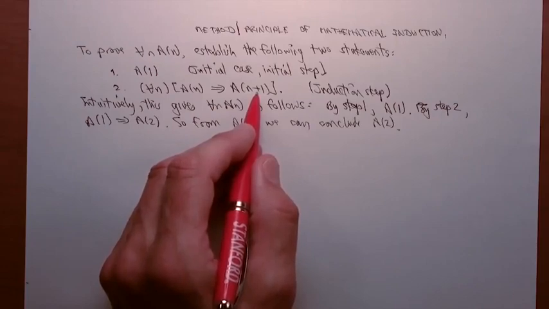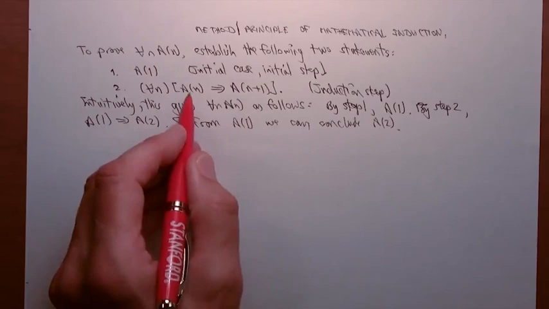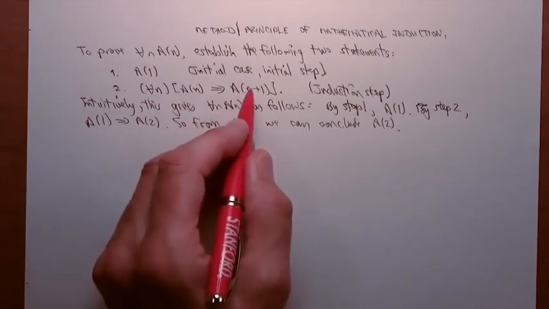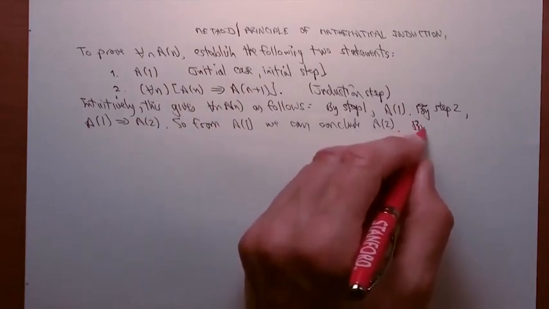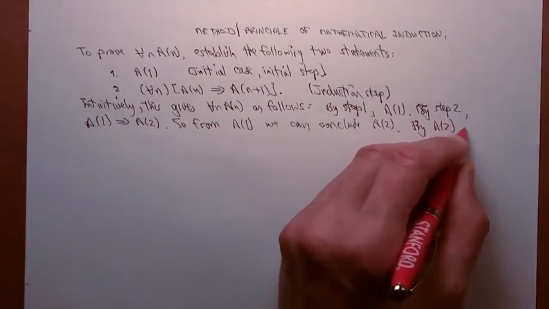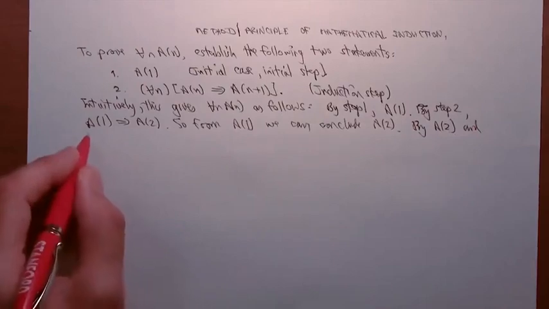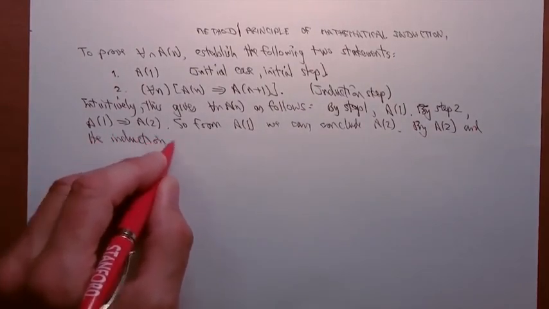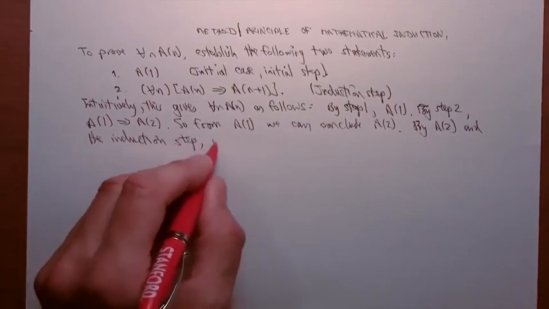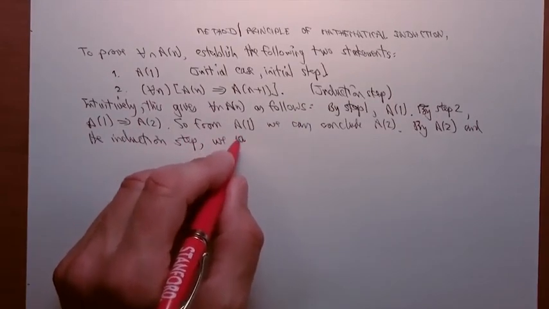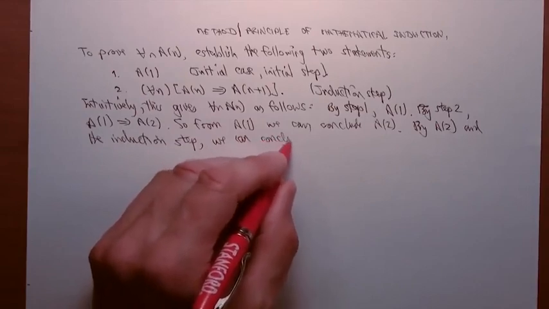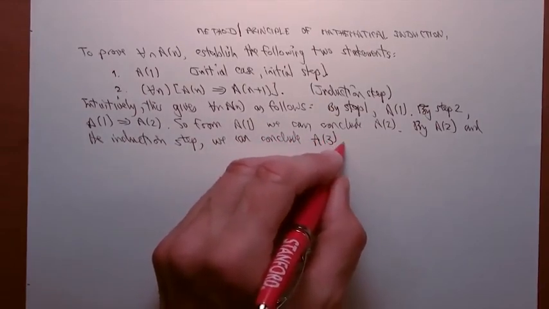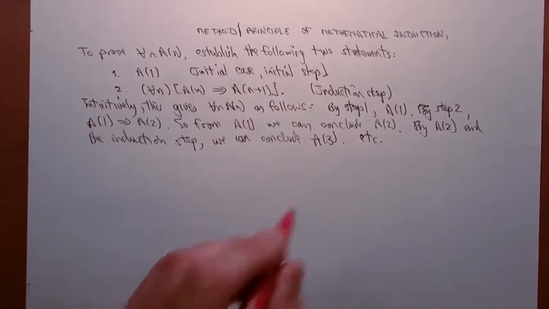Once we've got A of 2, we can put the 2 in here and conclude A of 3. So by A of 2 and the induction step, we can conclude A of 3, etc., all the way through the natural numbers.